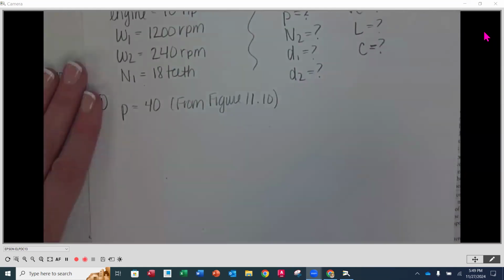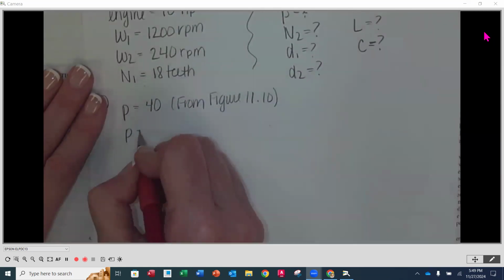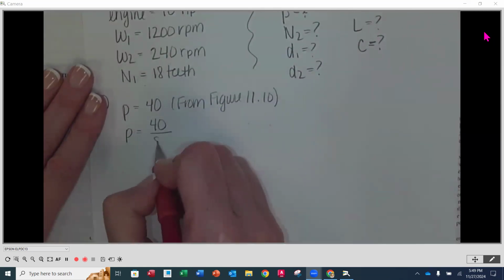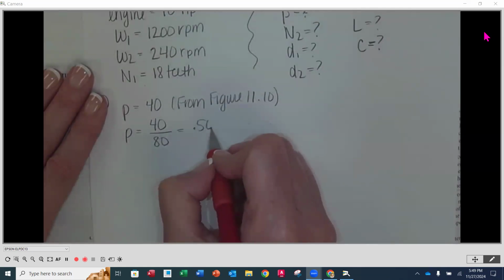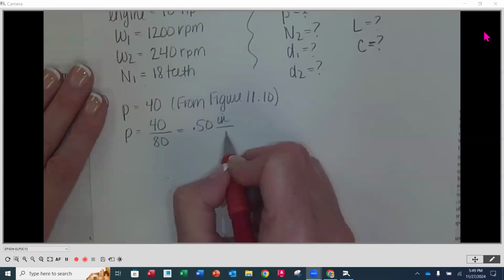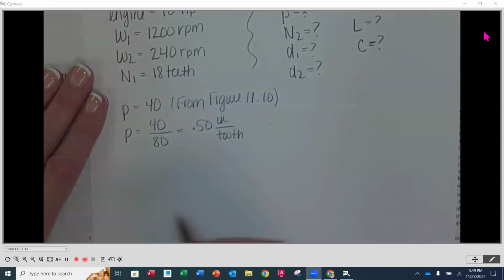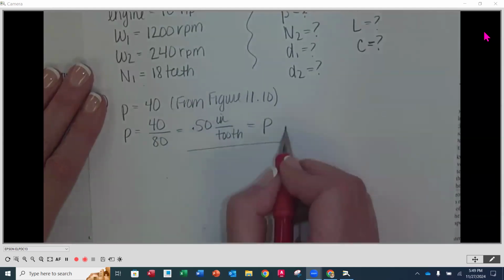This means that our pitch is going to be 40 divided by 80, and that is going to be 0.5 inches per tooth. That's going to be our overall pitch.